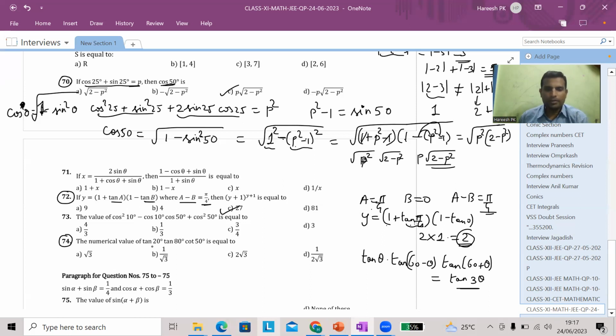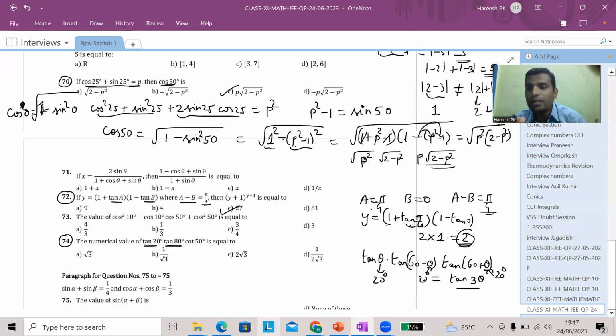But here there is tan 20. So if I assume theta as 20 degree, 60 plus 20, 80. Tan 80 is there. But 60 minus 20, tan 40 degree is not there here.